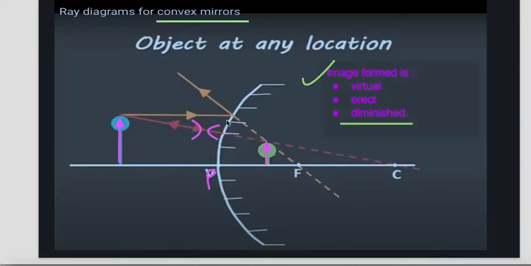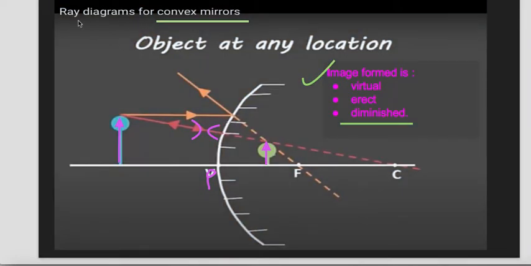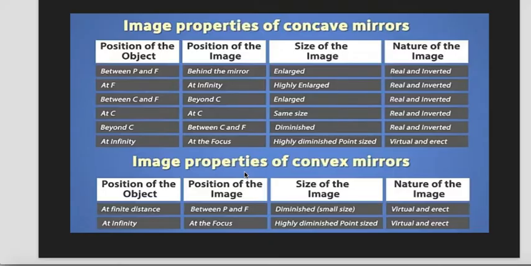You have to draw this ray diagram in your register with the heading ray diagram for convex mirror, and then the object. Remember, whatever the position of the object for a convex mirror, the image formed is always virtual, erect and diminished, smaller in size. That is what is important to note here for a convex mirror.